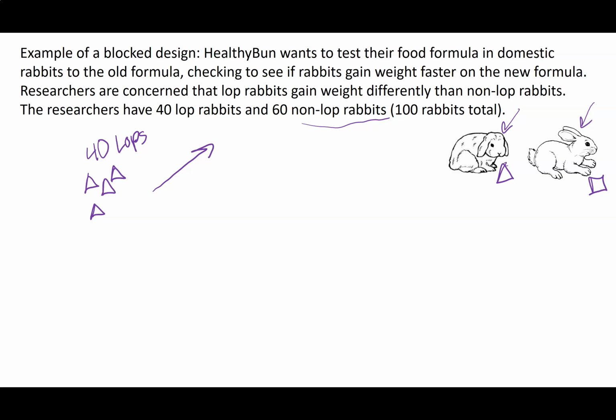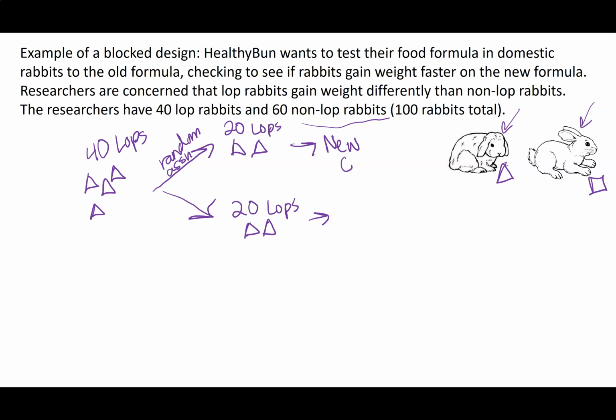And I'm going to break it into 20 lops, 20 lops. And this is a random assignment. And so the new food, half will get the new food and half will get the old food.